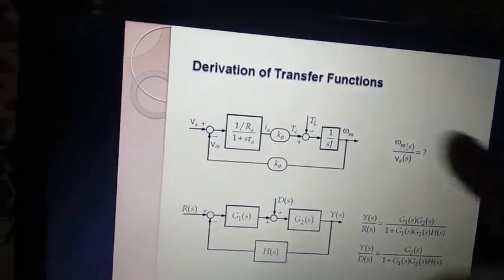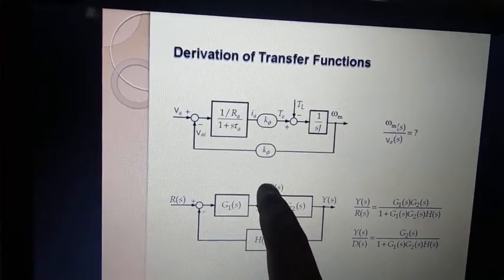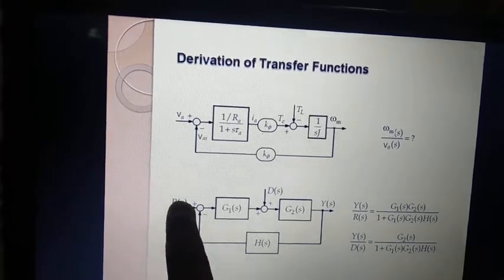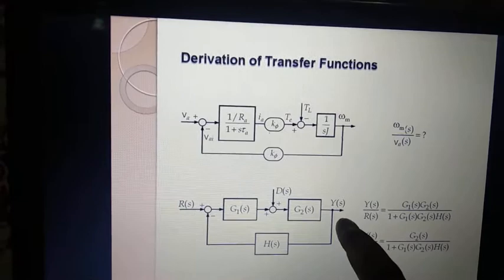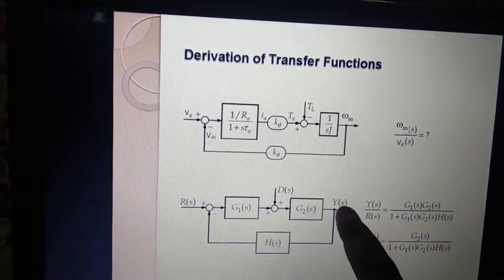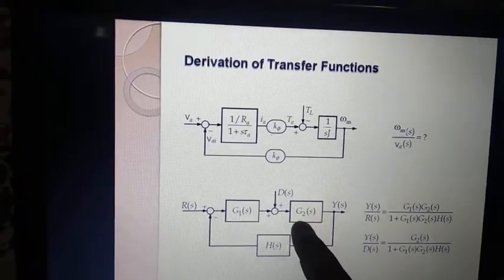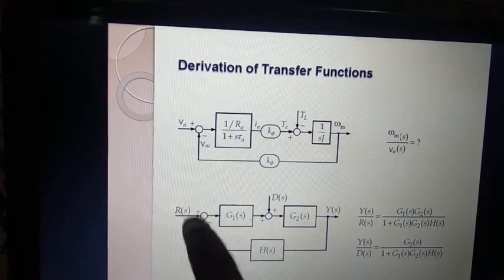Whereas if you consider D(s) as input, then R(s) as input can be ignored, and in this case D(s) is your input and Y(s) is your output. So the transfer function will be Y(s) upon D(s), where you have the forward path, that is G2(s), and the backward path comprises H(s) as well as G1(s).